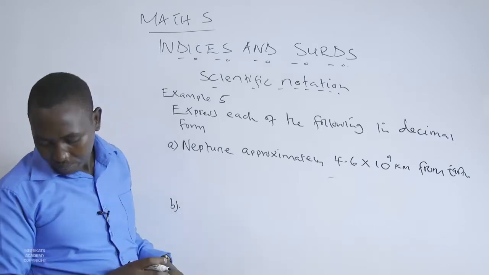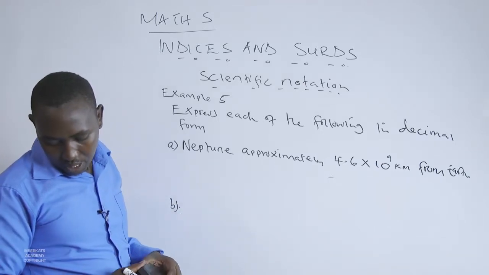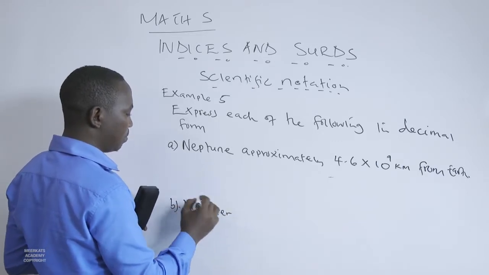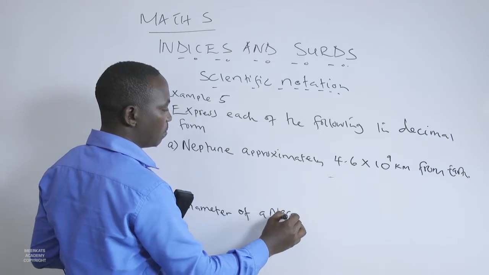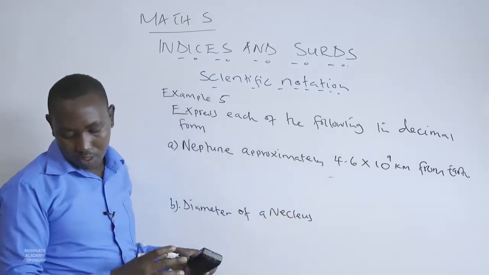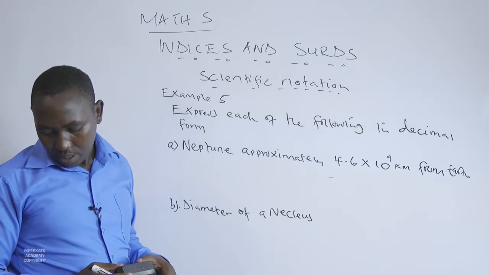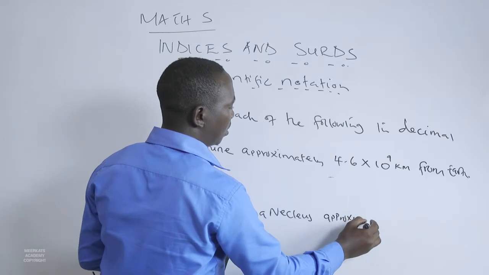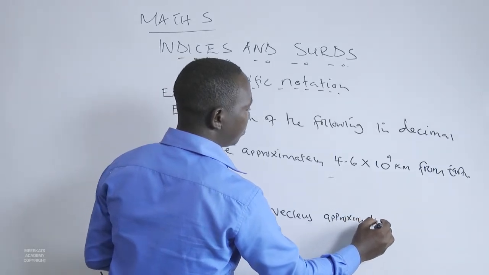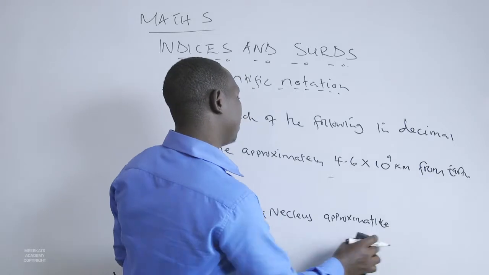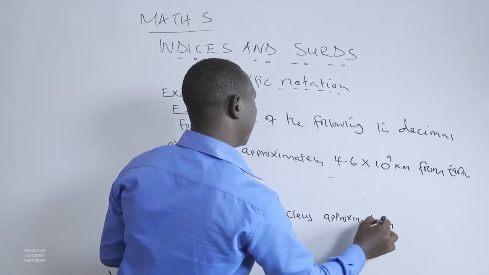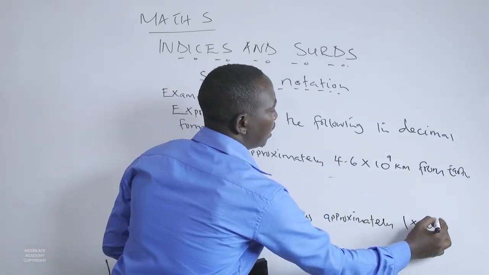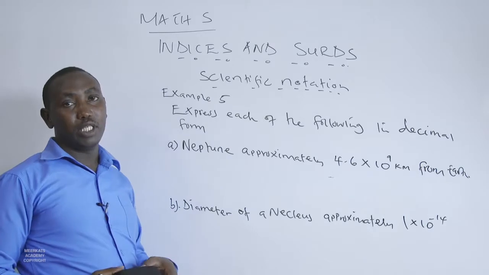And part B, diameter of a nucleus, which is approximately 1 times 10 raised to negative 14.